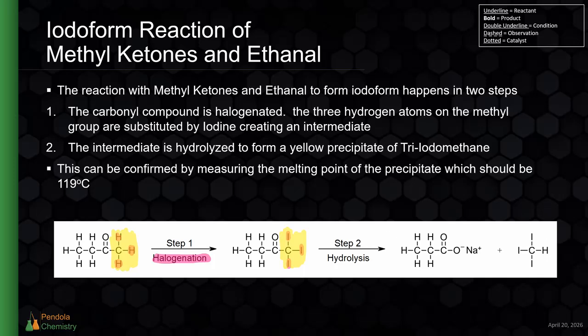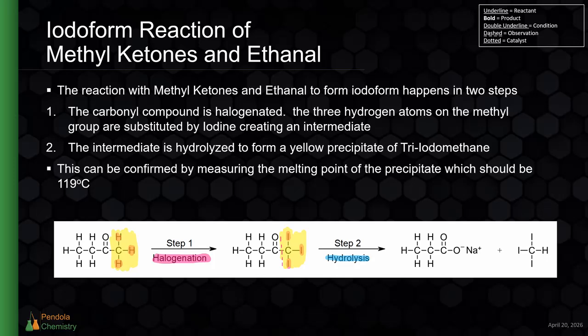In step 2, that same tri-iodomethyl group with 3 iodines is going to undergo hydrolysis. This carbon-carbon bond is going to break, and it's going to add a hydroxyl group on one side that's going to turn into a carboxylate ion, and a hydrogen on the other.